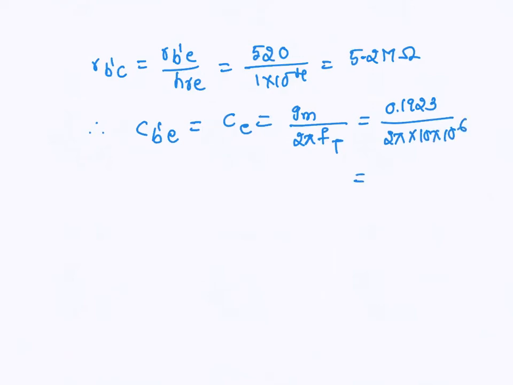If you solve this, the value will be 3.06 nanofarads. And we know that CB dash C, which is also equal to COB, equals 2 picofarad. So these are the values of the hybrid pi circuit.